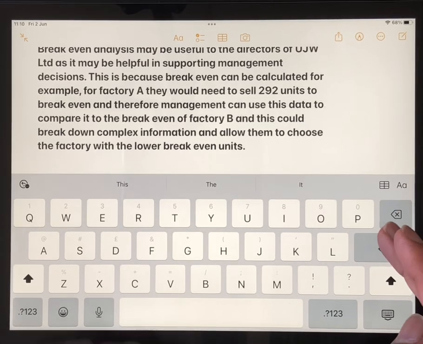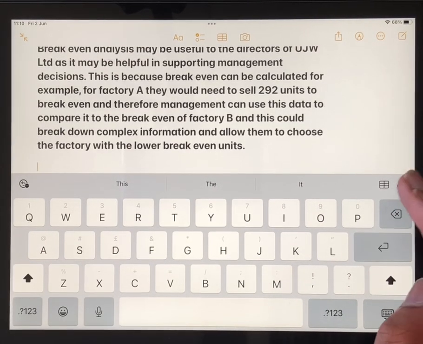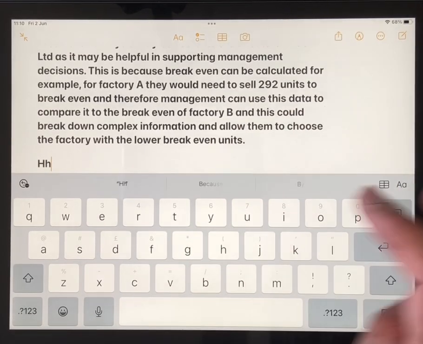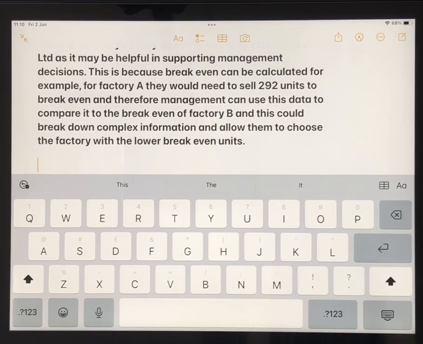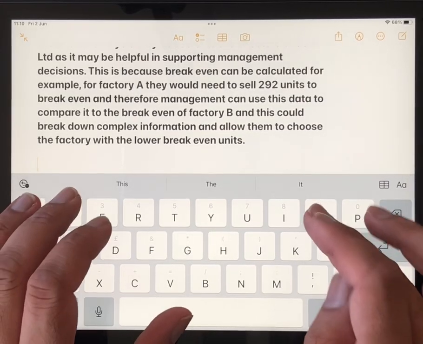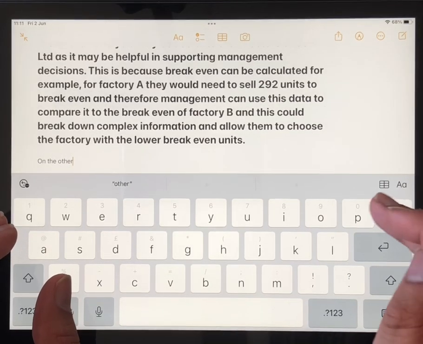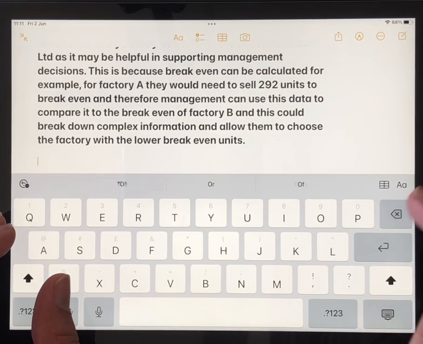Now, the second paragraph, let me just put bold on so you can see it clearly. Okay, and then you could say, on the other hand, oh, it's gone. Let me just get it in bold. It might just be easier for you guys to see.